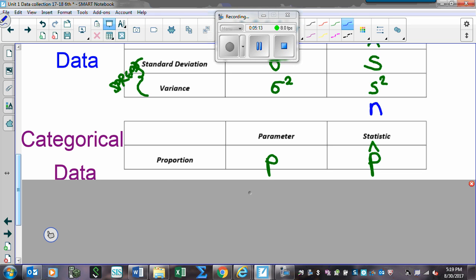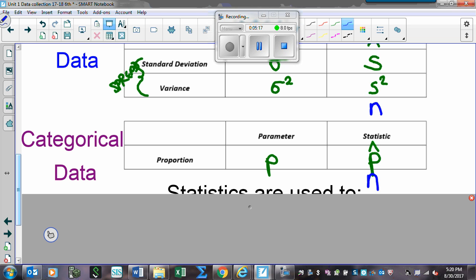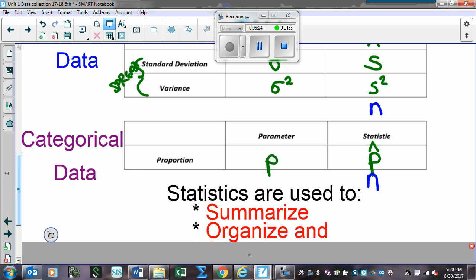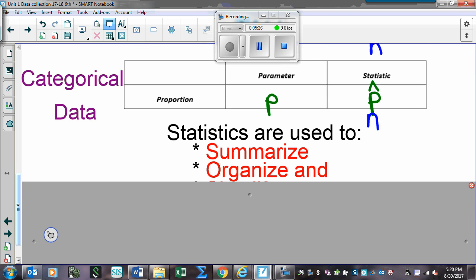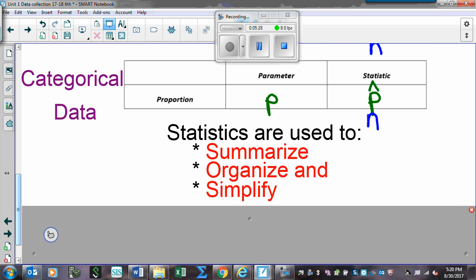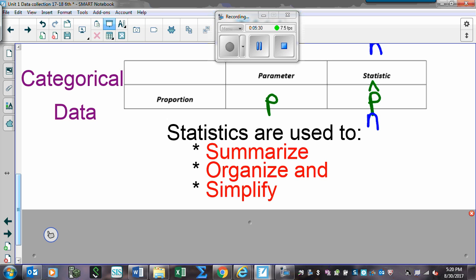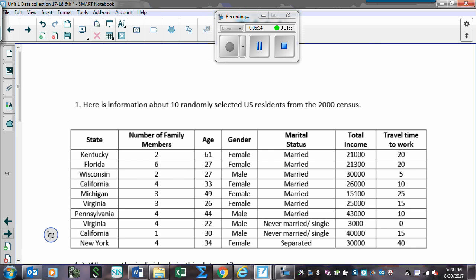And so I would put that in the column for numerical and for categorical data. Okay. So why do we use this? These symbols, it makes it easy for us, and we're using statistics to summarize and organize and simplify, kind of be able to communicate.